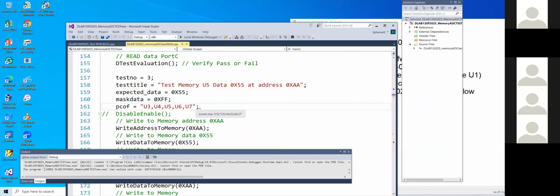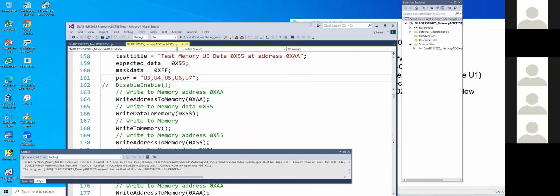So in the program, all the time we use it, the first thing is write address to memory. After you write the address to memory, now you need to write data to memory.